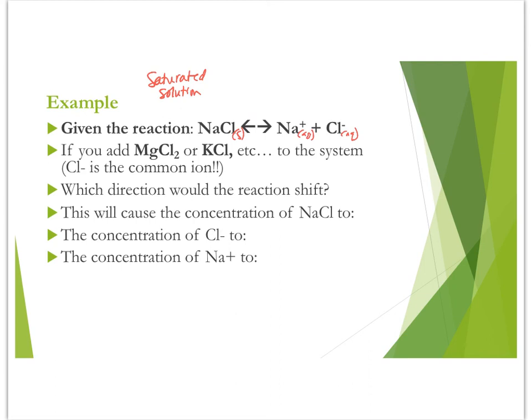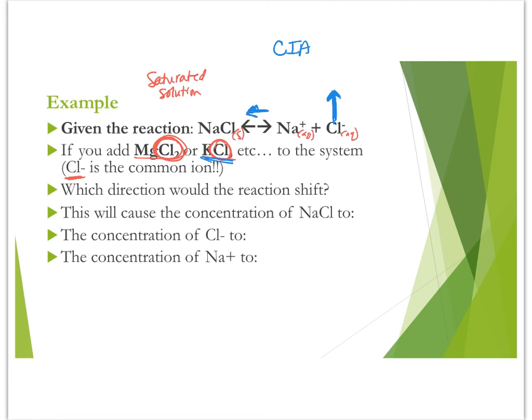If I added magnesium chloride or potassium chloride or something to the system, and you're like, wait, that's not in my reaction already, you look for the ion that is in the system already. So in this case, if I, for example, added potassium chloride, what am I really doing? I'm really adding chloride ions. Okay, so if I added chloride ions, and I keep in mind my CIA, my reaction will shift away from where that was added, so it'll shift to the left.